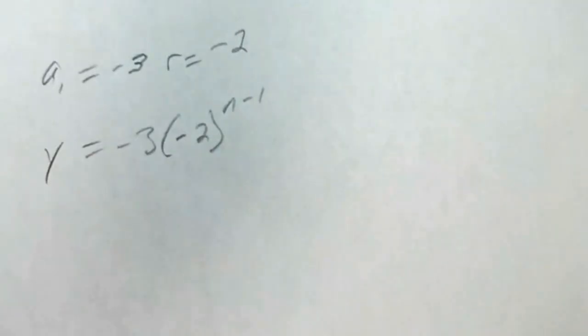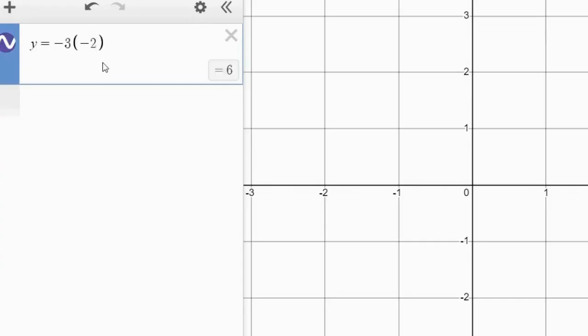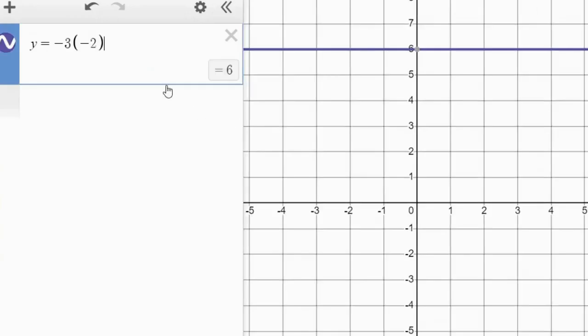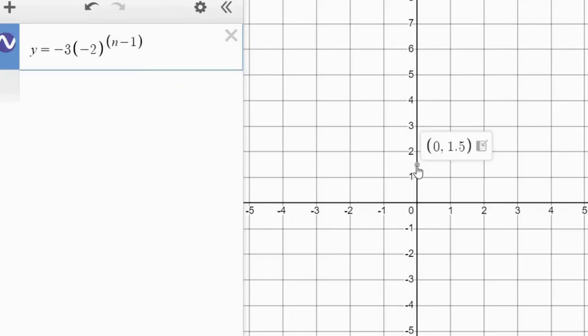Let's see. Y equals negative 3 times negative 2 raised to the power of n minus 1. Oh, put that in parentheses. N minus 1. Why do I just have that 1 point? If I said x minus 1.